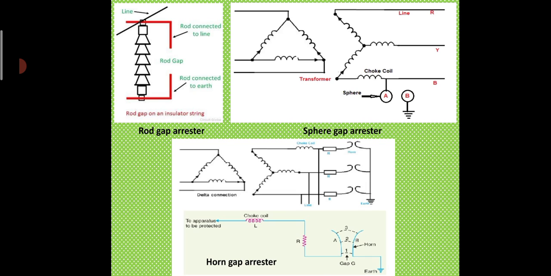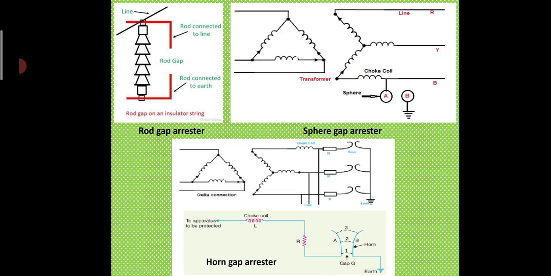Now, sphere gap arrestor. In this, two metal spheres are kept near to each other at a certain small distance. Sphere A is connected to the line and sphere B is connected to earth. One choke coil is connected between the phase B of the transformer and sphere A so that the overvoltage surge does not go to the winding of the transformer after reflection.